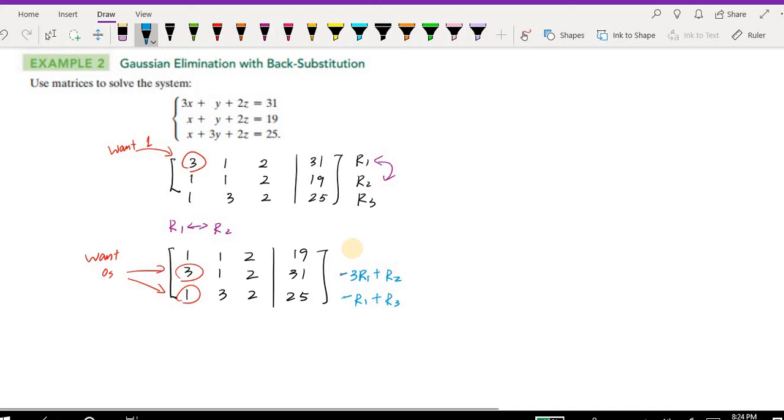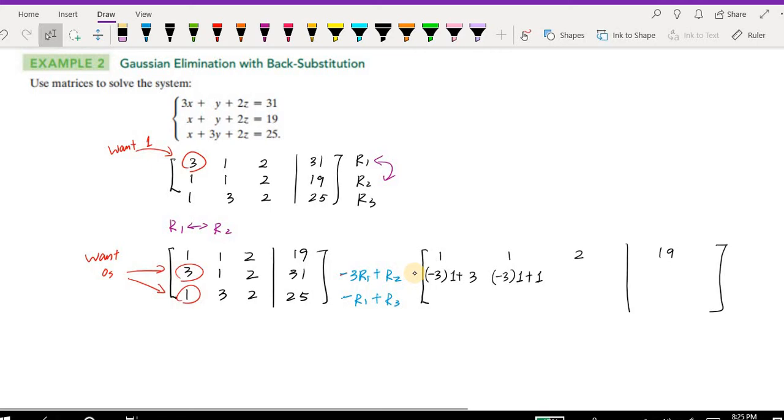So let's do this. Okay, so row 2, we're going to use -3, multiply row 1, which is 1, and then we're going to add row 2, which is 3. Okay, we'll do the same thing. We're going to use -3, multiply row 1, which is 2. I'm going to add row 2, which is 1 again.